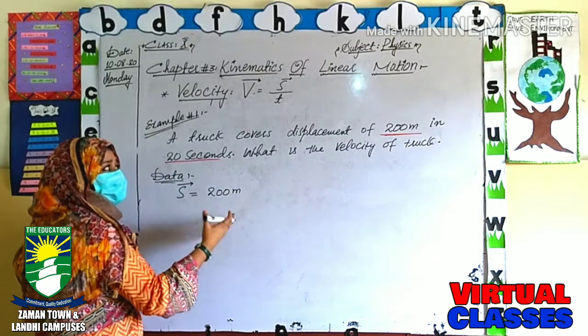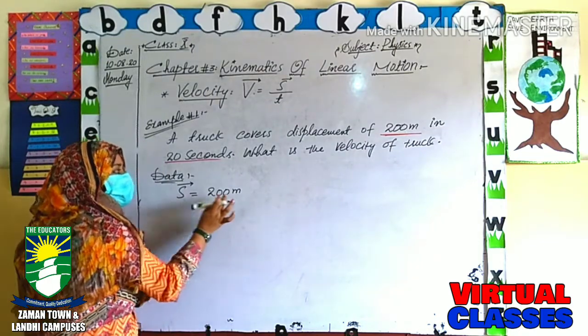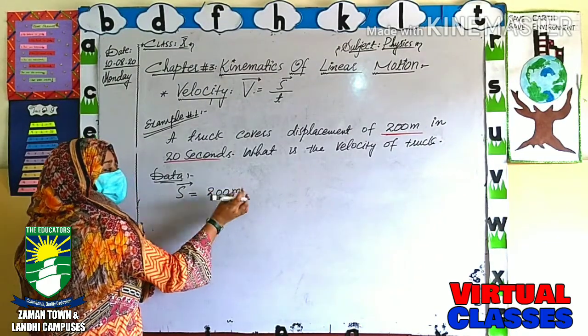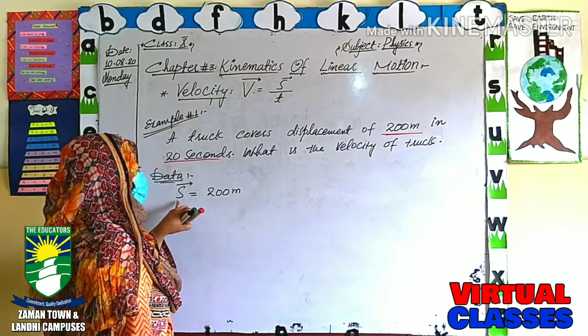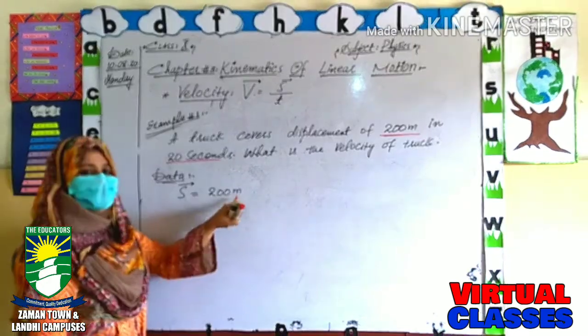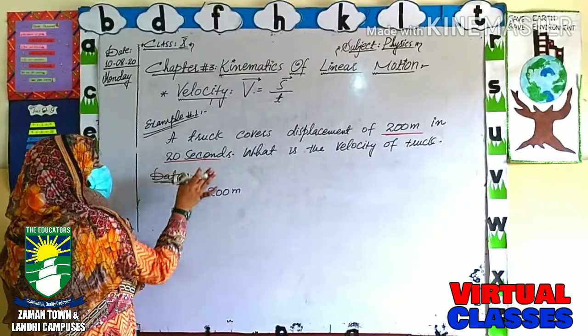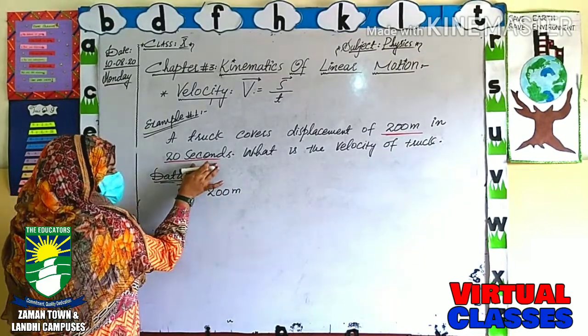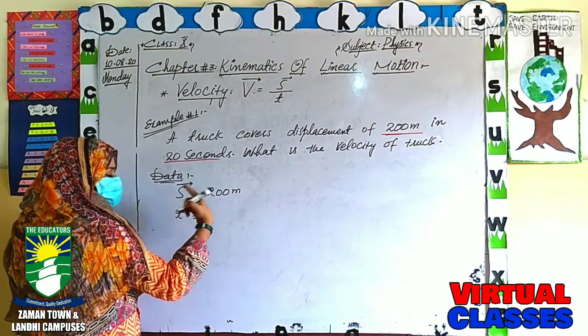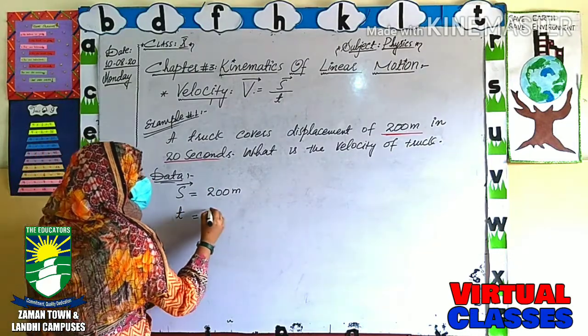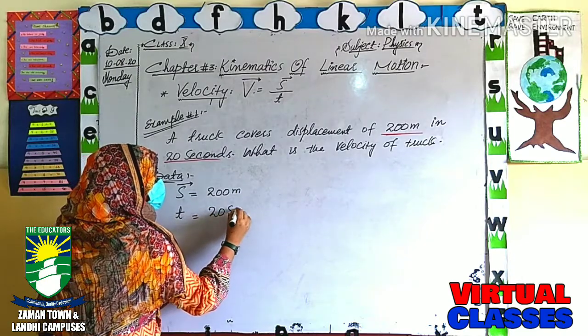I know the unit of distance or displacement is meter. The second thing is 20 second, and second is the unit of time, so we write T is equal to 20 second.